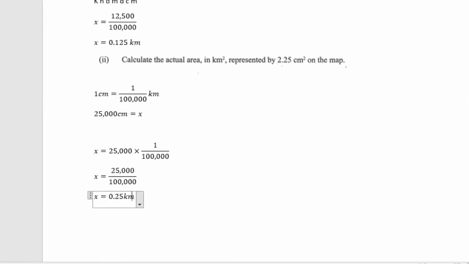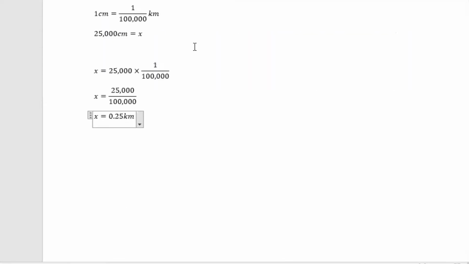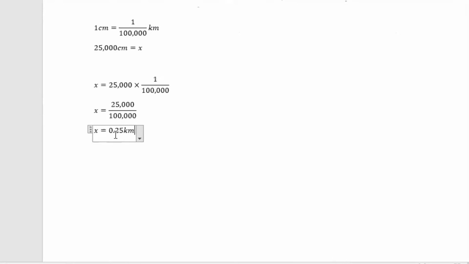And therefore, x is equal to 0.25 kilometers. So from our question where we have 1 to 25,000, this is the 25,000 that we converted to kilometers. So x is equal to 0.25 kilometers, which is the same as the 25,000 centimeters given for reality.